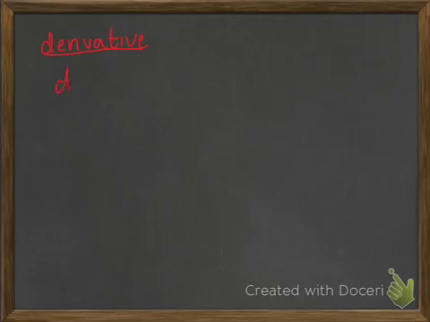Say we have d over dx, which is the same way of saying take the derivative of, let's start off with x squared. This is a simple derivative, and if we took the derivative of this, we would get 2x.